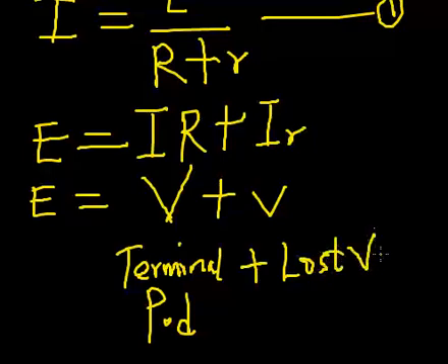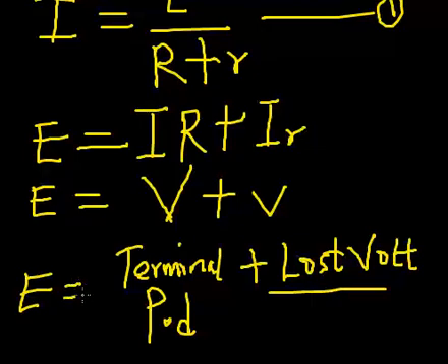It is lost because it's like friction. So the EMF of a cell is equal to the potential difference across the external resistor plus the voltage lost due to internal resistance.